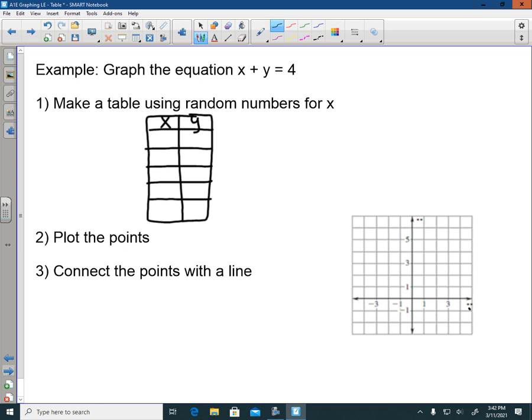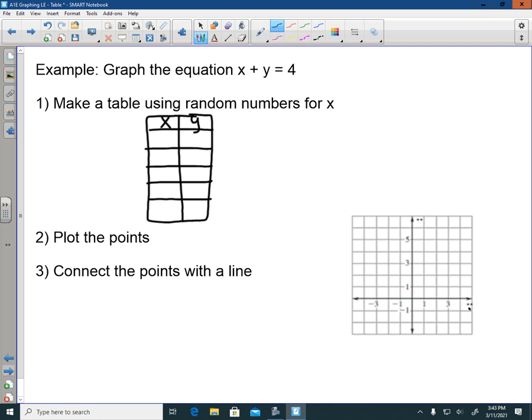Now remember back when we were talking about functions, how x's are inputs and y's are outputs? That's because you can take numbers, just whatever number you want, just random numbers for x, and input them into the equation, and see what happens with y. Okay? So x's are inputs, y's are outputs.